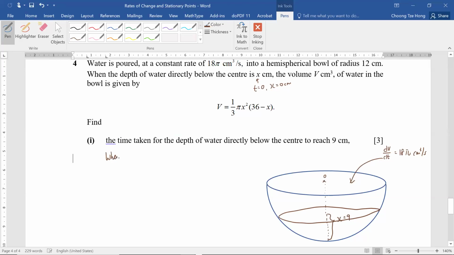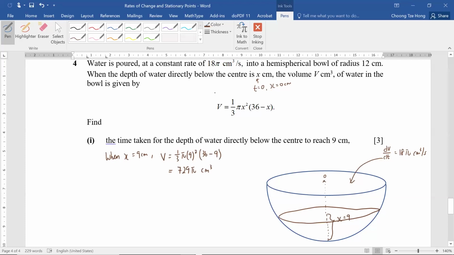When x equals 9 cm, the volume is going to be 1/3 pi times 9 square times (36 minus 9). We're going to leave the answer in terms of pi. If you calculate this out, you will get 729 pi cm cube. That means when x equals 9, there's 729 pi cm cube of water inside.